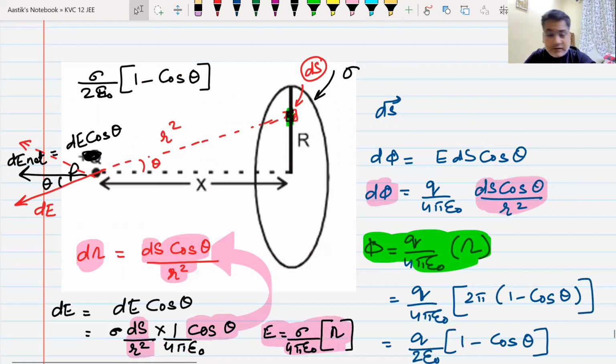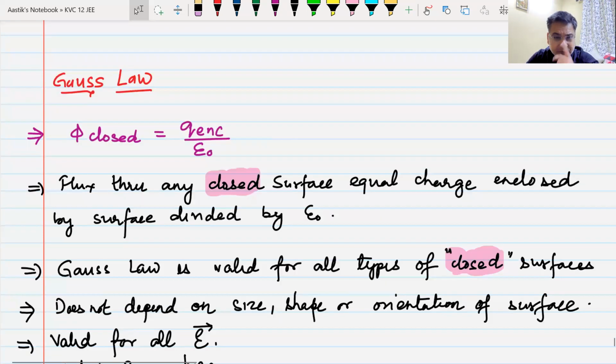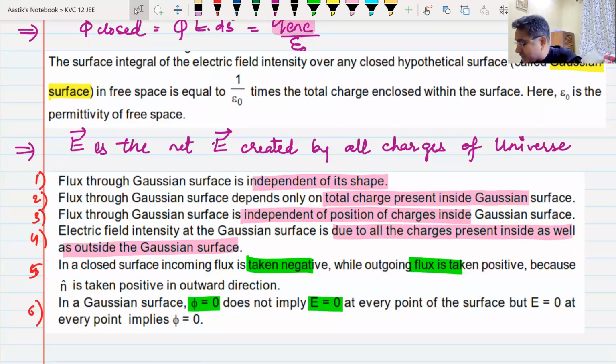Then we had started with our favorite Gauss law, the number of electric field lines passing through a surface. We had seen that if it is a closed surface kept anywhere in the universe, to find the flux through this closed surface, just find out how many charges are inside and divide by epsilon naught, and you are done. This is a universal law. You can call it a surface integral of electric field over a closed surface.